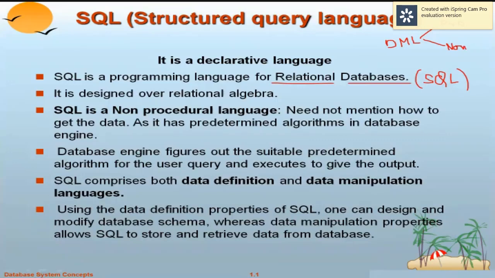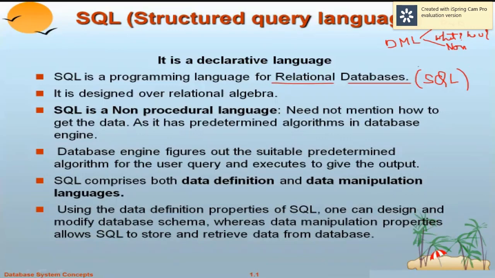Procedural language is something where we speak about what data is needed and how to get the data. So here you are answering two types of questions: what data is needed and how to get the data are the two elements that we address in the procedural kind of language.